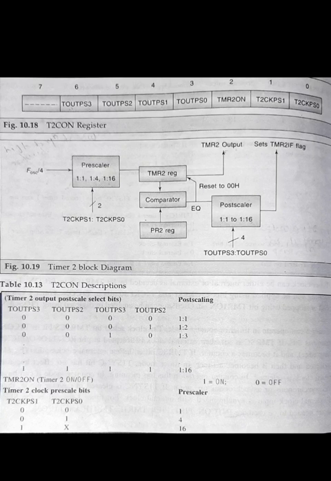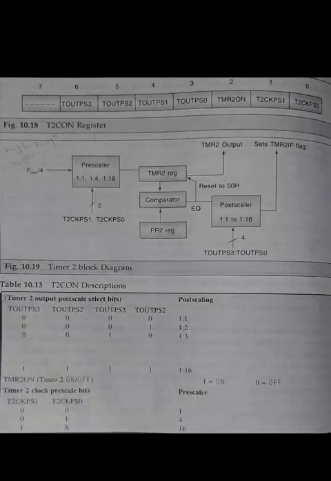The registers needed for Timer 2 operation are INTCON, PIR1, PIE1, TMR2, PR2, and the T2CON register.